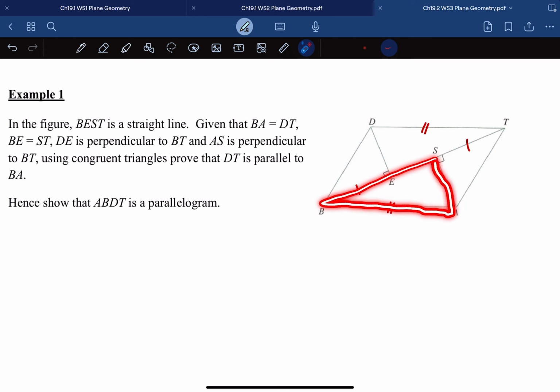Because once I show that these two triangles are congruent, I can make further inferences to show that the lines are parallel. But let's start by looking at these two triangles first.